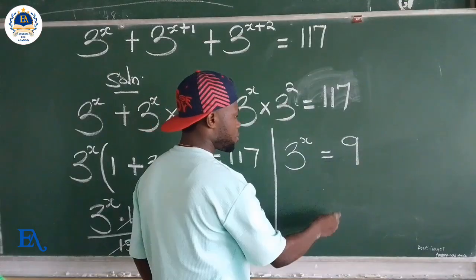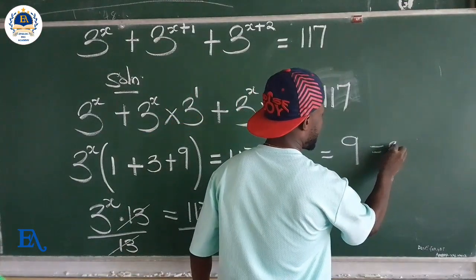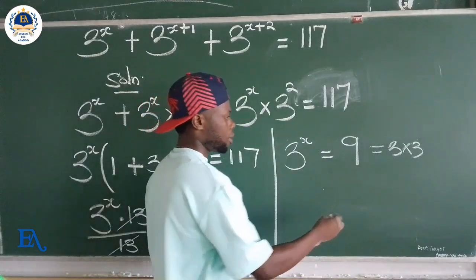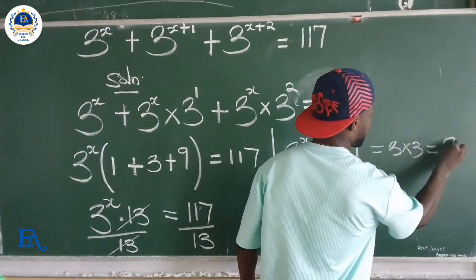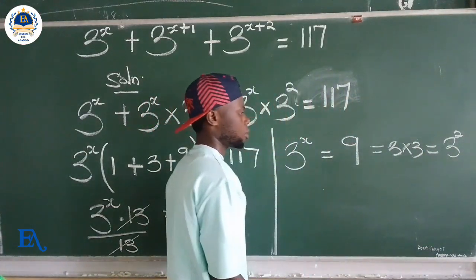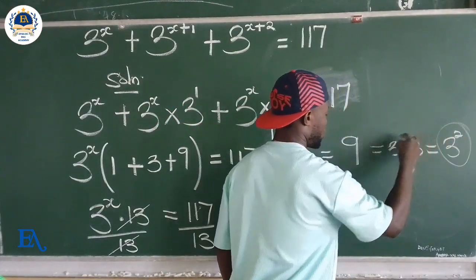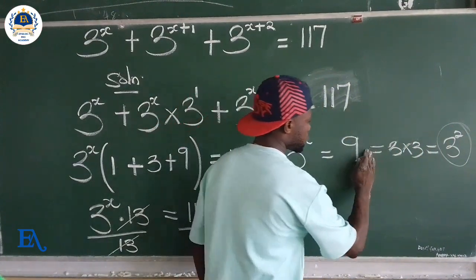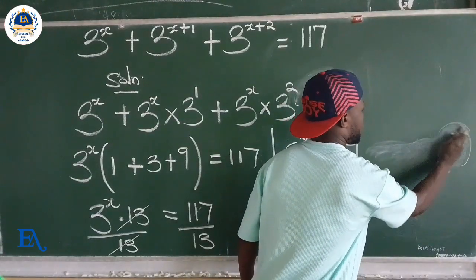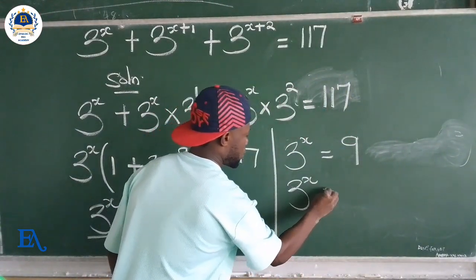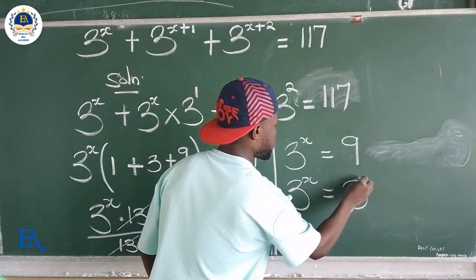And 9 is the same as 3 times 3. That is the meaning of 9. And 3 times 3 gives 3 raised to the power of 2. We are going to replace 9 by 3 raised to the power of 2. Therefore, we have 3 raised to the power of x is equal to 3 raised to the power of 2.